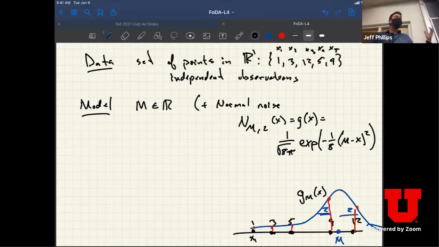And so now I want to use this Bayesian framework to find the maximum likelihood estimate. Okay, so now we need to try and write down, let's say, LM here.